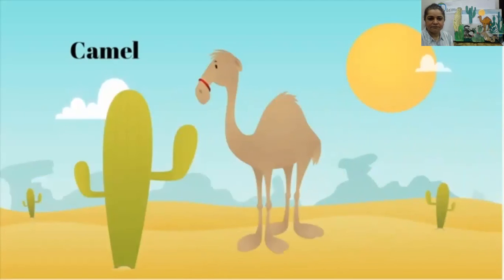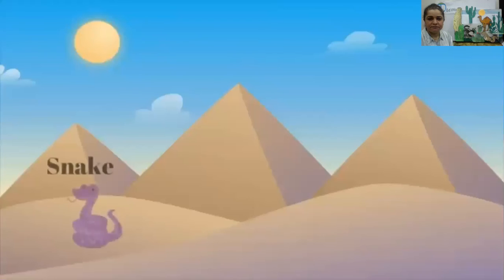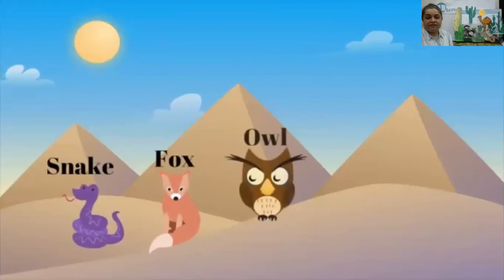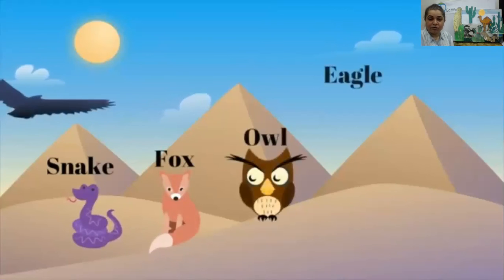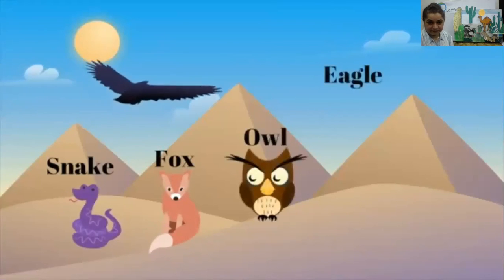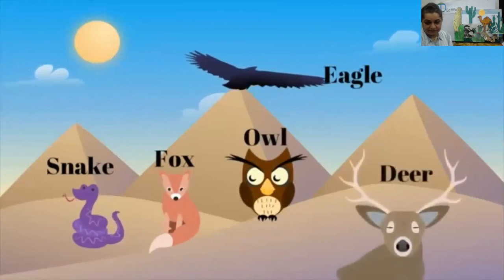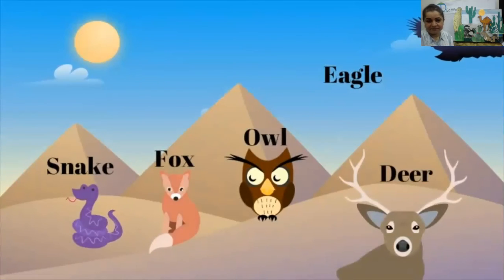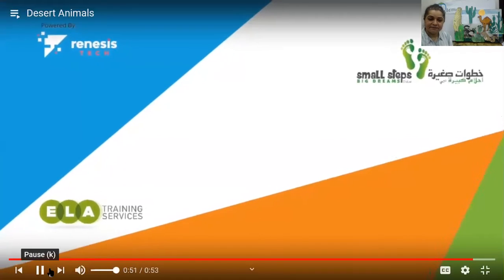But there are other types of animals there too, like a rattlesnake, a brown fox, an owl, eagle, and hawk as well. Some kind of deer too. All of these and many more are desert animals.